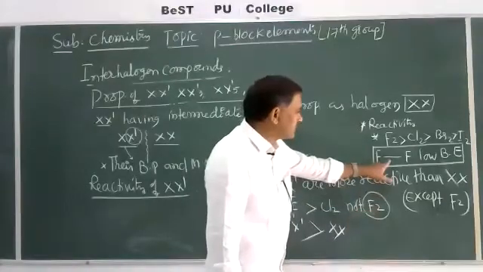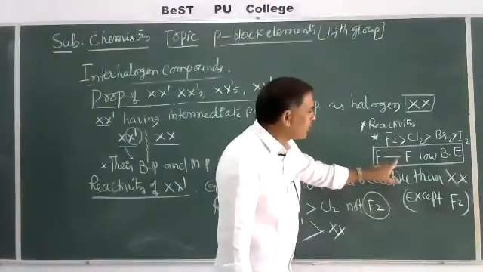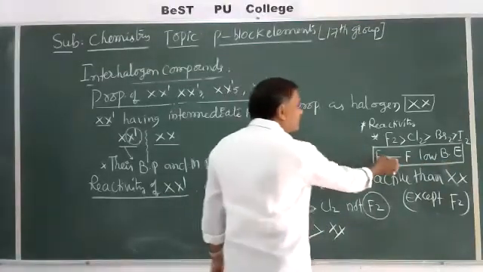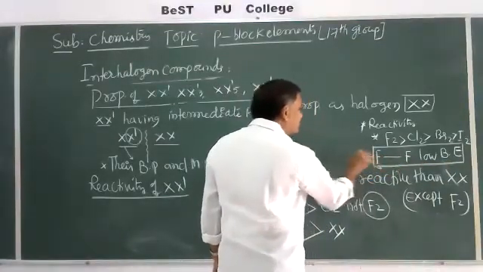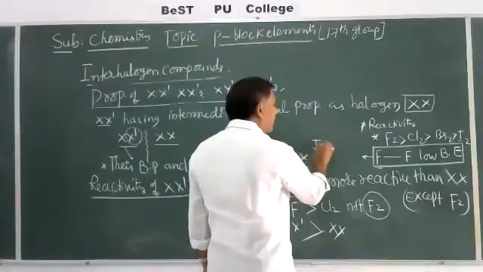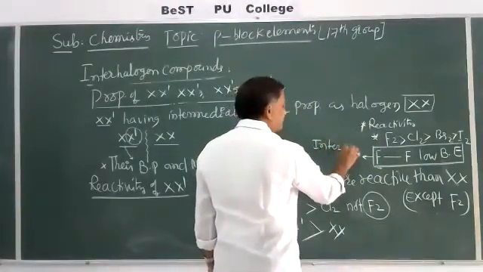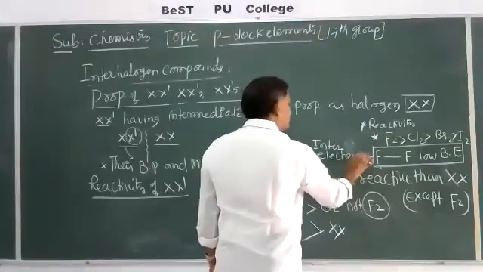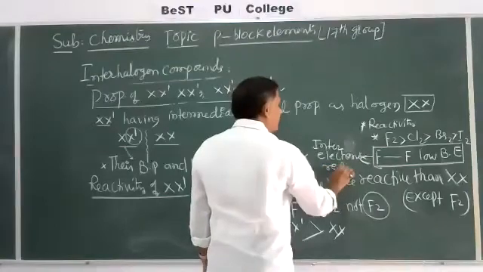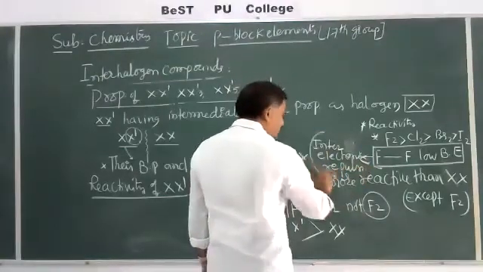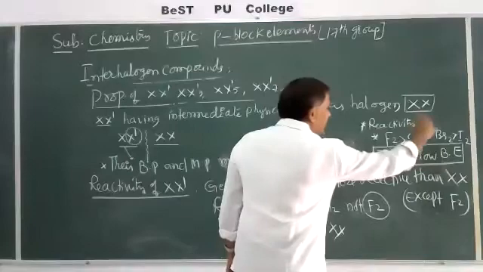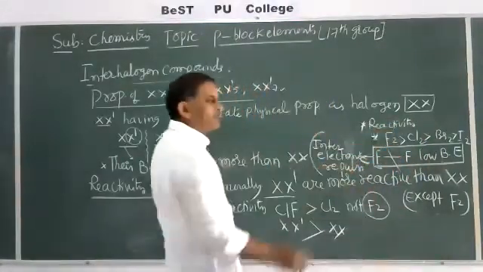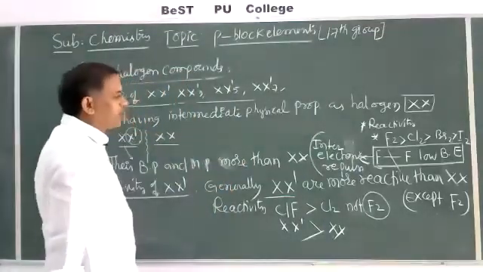Between fluorine and fluorine there is low bond dissociation energy, due to the inter-electronic repulsive forces. Due to these repulsive forces, the bond enthalpy is less, so it is ready to break and ready to react with the other element. That's why fluorine reactivity is more.